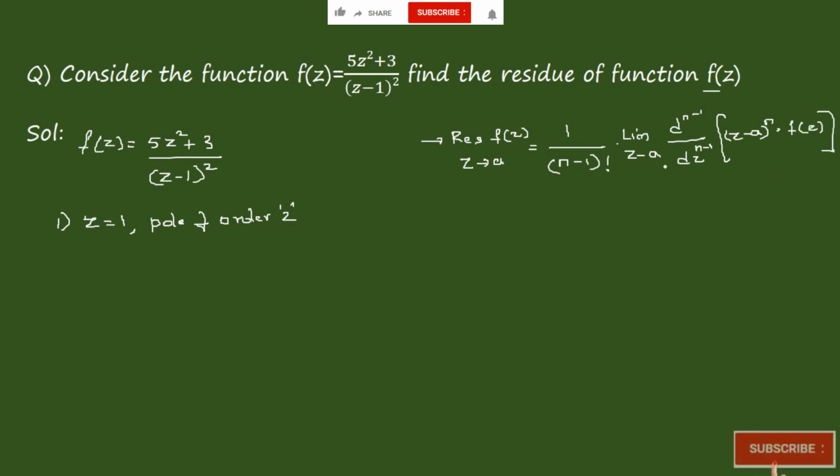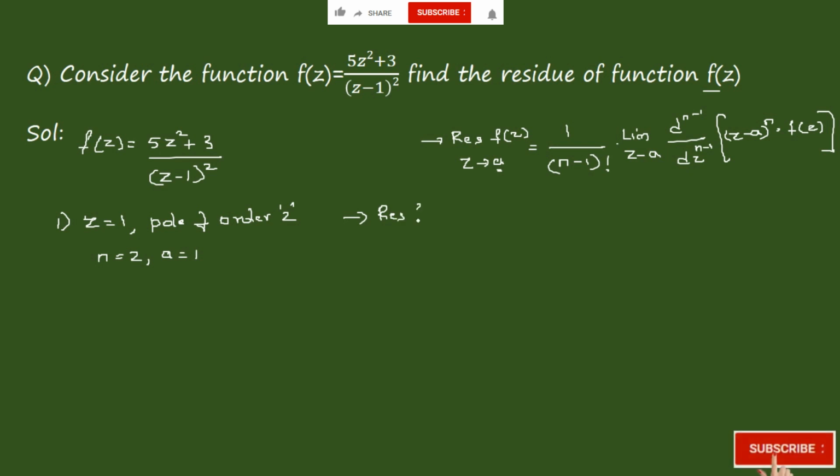Now we define the values of n and a. You can see that n is equal to 2 and a is equal to 1. a is nothing but the pole, n is nothing but the order of it. So we'll be substituting it to find the residue.